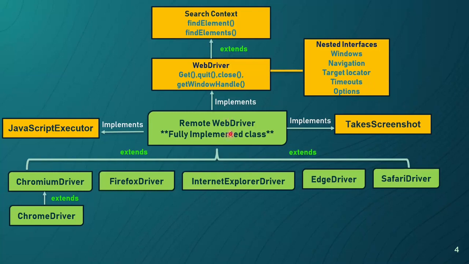Next, we have the remote WebDriver. This is a fully implemented class which implements the WebDriver interface. Here you can see it implements the WebDriver interface. It is a fully implemented class where all the abstract methods coming from the search context and the WebDriver are implemented.